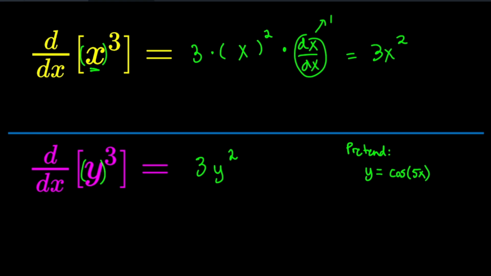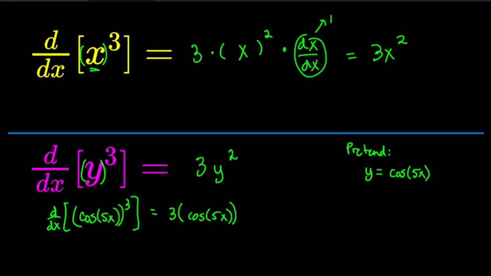We don't know what y actually is, but if the problem said find the derivative of cosine of 5x all cubed, you probably wouldn't forget to do the chain rule part. So 3 cosine of 5x now squared. Chances are, because this inside is messy, you wouldn't have forgotten to multiply by the derivative of cosine of 5x, which is negative sine of 5x times 5.